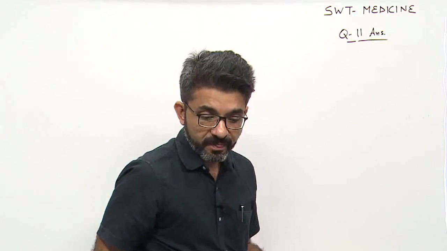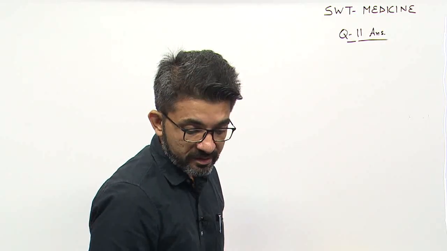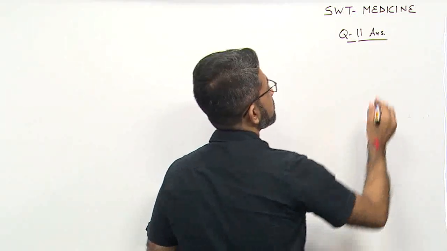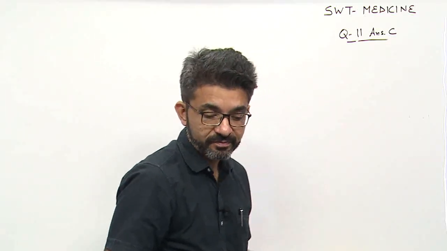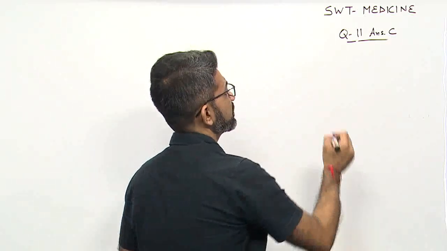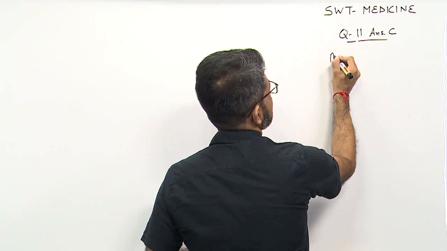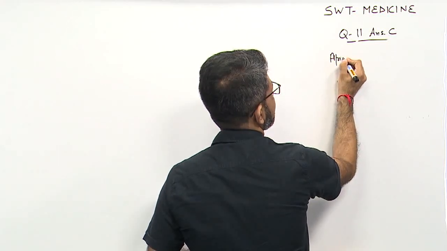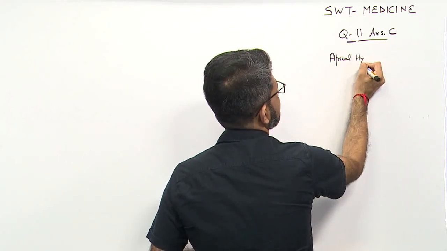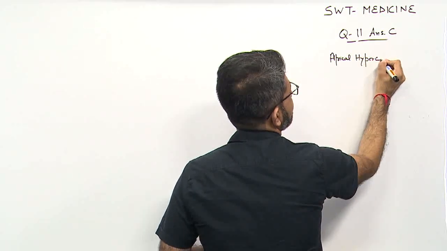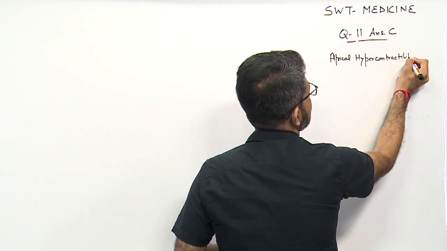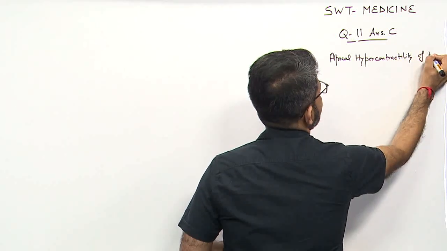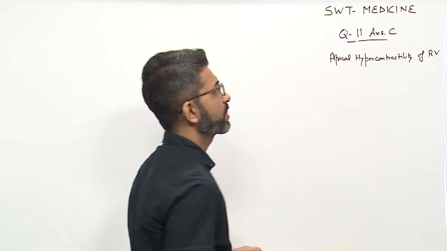Question number 11, it is regarding McConnell sign. Answer is C, pulmonary embolism. Basically, what is McConnell sign? It is apical hypercontractility of RV, right ventricle.